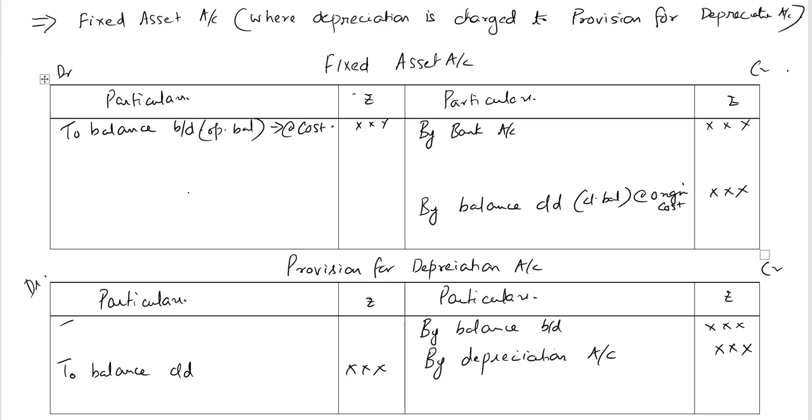The total depreciation on the machines sold or the fixed assets sold from the date of the purchase up to the date of the sale, the total accumulated depreciation on the fixed assets sold will come here as to fixed asset account and here as by provision for depreciation account.